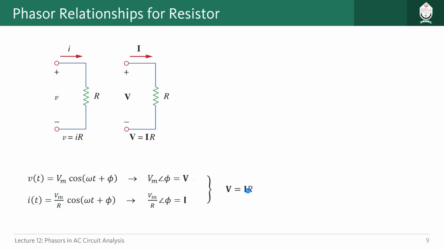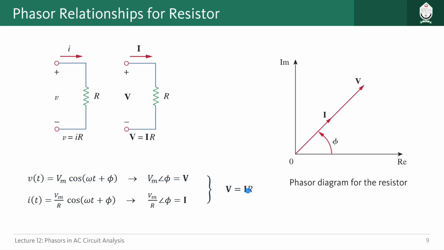So very simple, but generally what we do, we can also represent this behavior of resistor in terms of its phasor diagram. So if we say phi is the angle, then this is the angle we are getting, and this is the amplitude for V, right? So this is the phasor V, and I has the same phase as its voltage quantity.